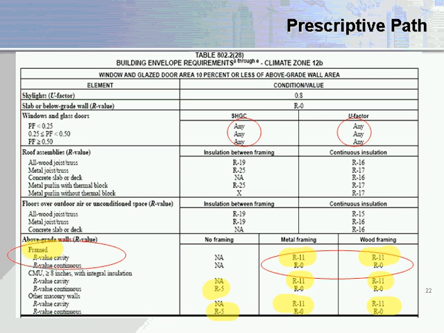Now, what happens if we have windows and glass doors, which is fairly common going into a vestibule? In Climate Zone 12B, we'll see that for solar heat gain coefficient, we can use anything we want. There is no requirement. So clear glass would work to meet the SHGC requirements for the glazing between a conditioned space and that unconditioned inside the vestibule. U factor is the same way.